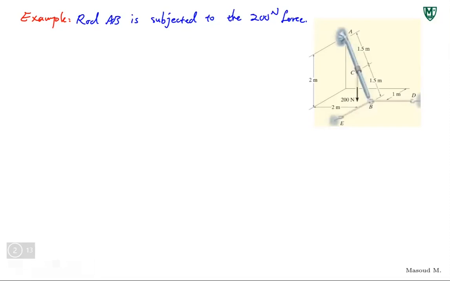All right. It says find the reactions at the ball and socket joint A. So we are told what kind of joint we have at point A, right?